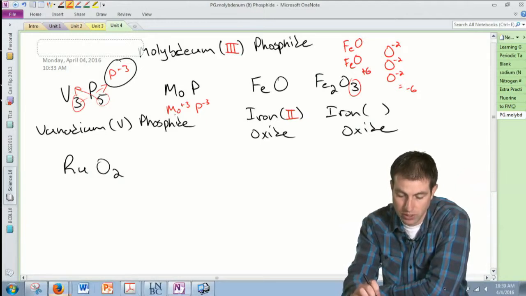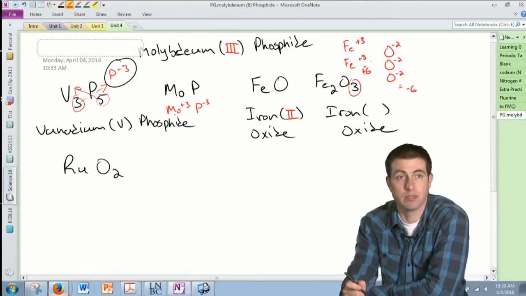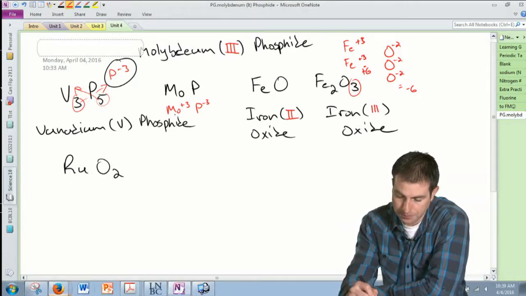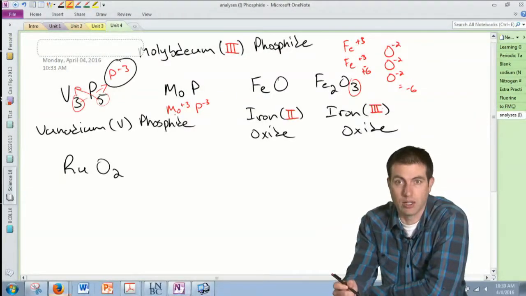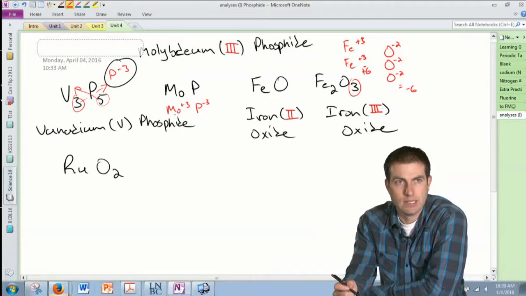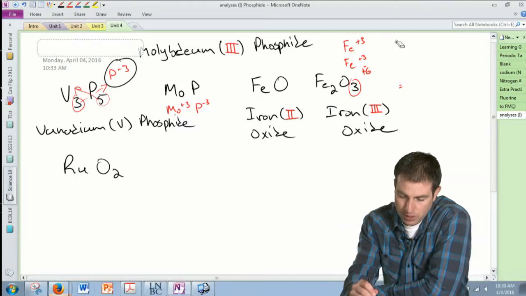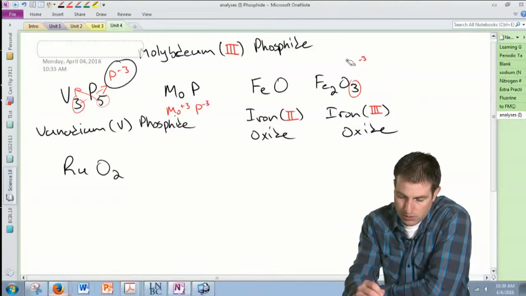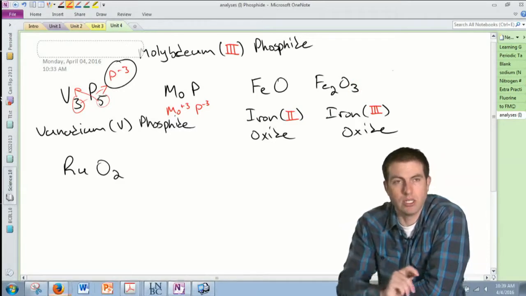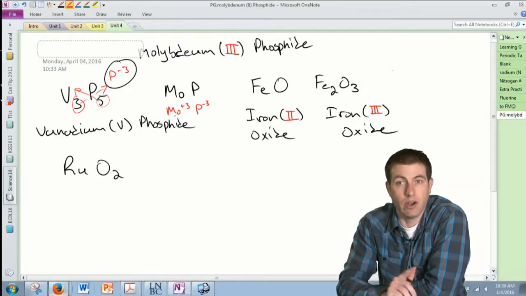So if I have 2 and they have to add up to +6, I need a +3 and a +3. That's going to give me +6. So this is iron 3 oxide. Good job, Anna. So there you go. So the key for these multivalent metals, the metals with more than one charge, is to look at the nonmetal.